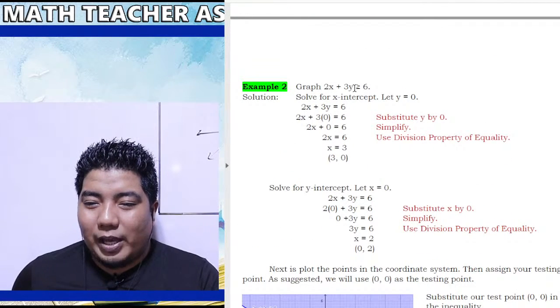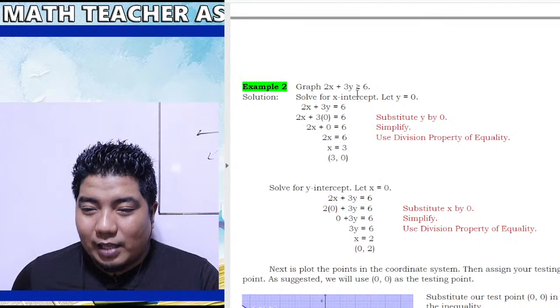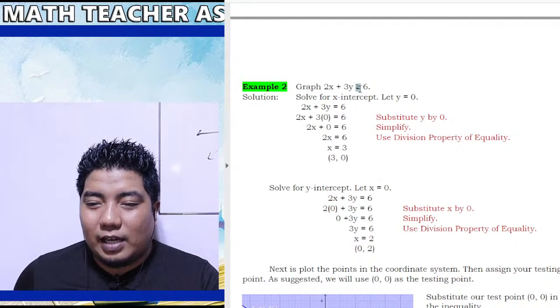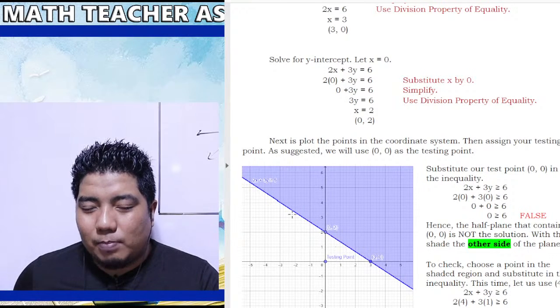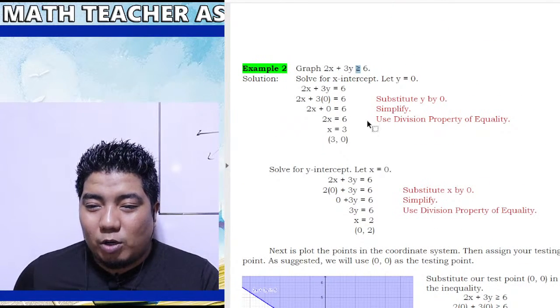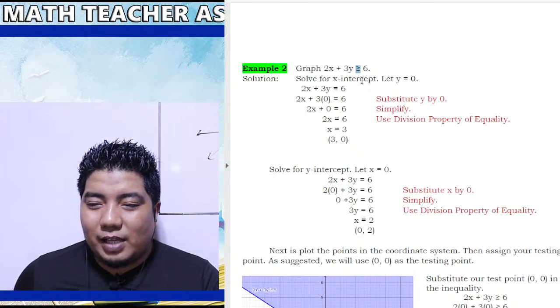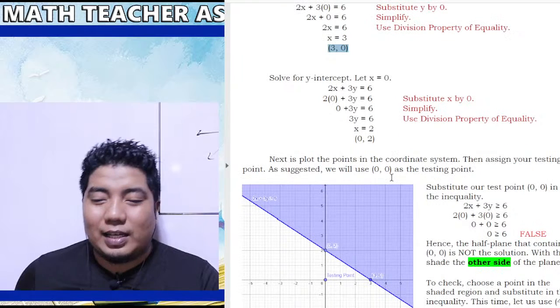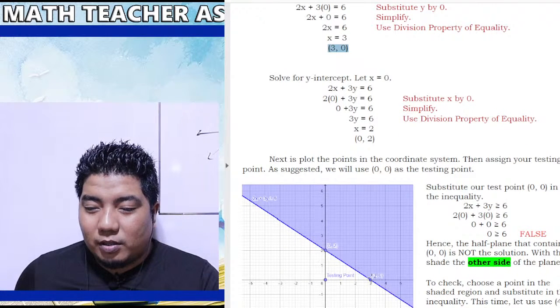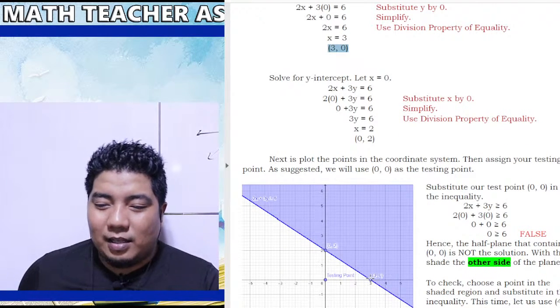So, we have 2x plus 3y is greater than or equal to 6. Since this is greater than or equal, then we have a solid line. Okay? A solid boundary line. Now, of course, the scenario is still the same. We solve for the x-intercept, using 0 for y, we solve for x, and x becomes 3. So, you put a dot here at 3 on the x-axis. Okay.